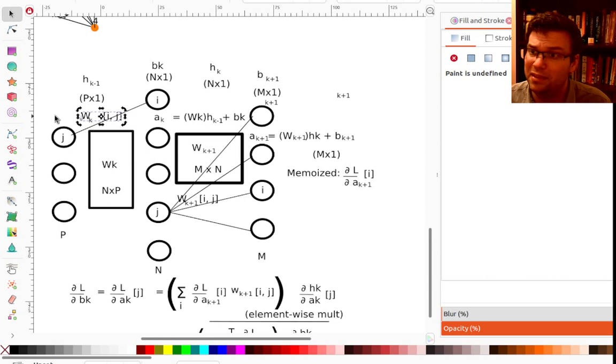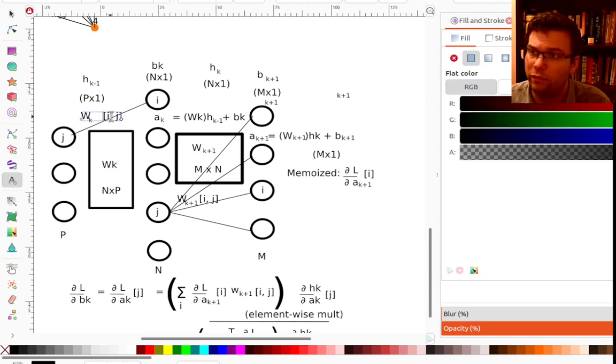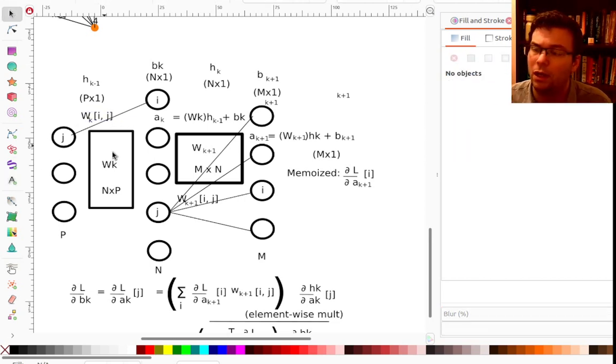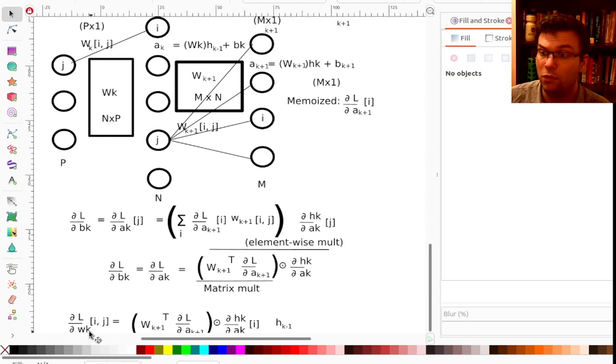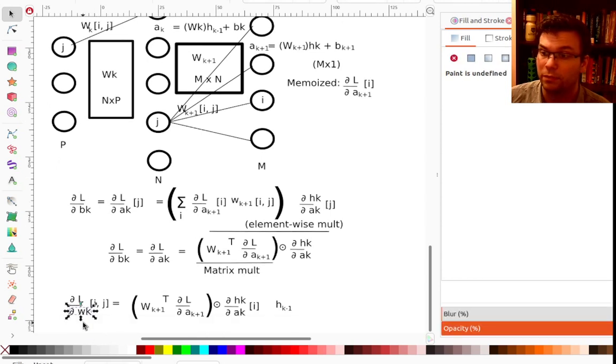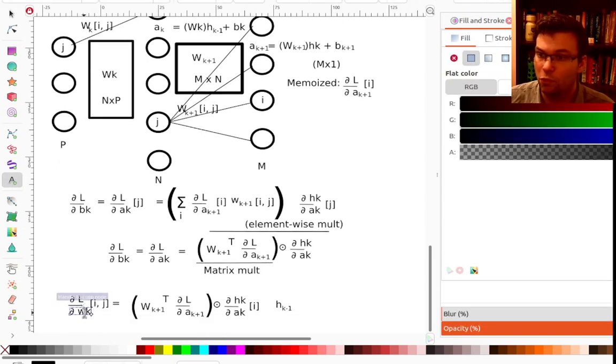In this case, that's actually the only weight that influences the derivative of row i and column j. So the derivative of the loss function with respect to row i and column j. That's the only weight that's involved here. So actually, we're holding all the other weights fixed.